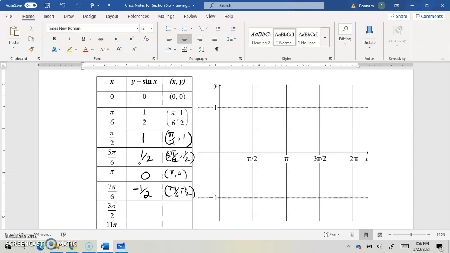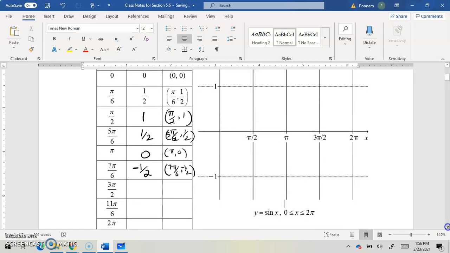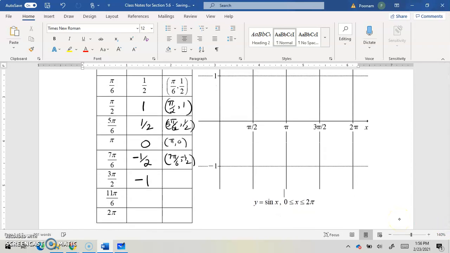At 3 pi by 2, that is the negative y-axis, the sine value would be negative 1. So (3 pi by 2, negative 1). At 11 pi by 6, the value will be negative half, and at 2 pi the value of sine would be 0.